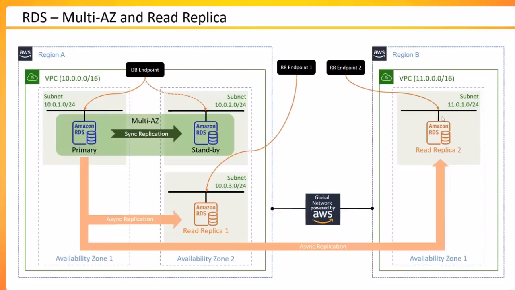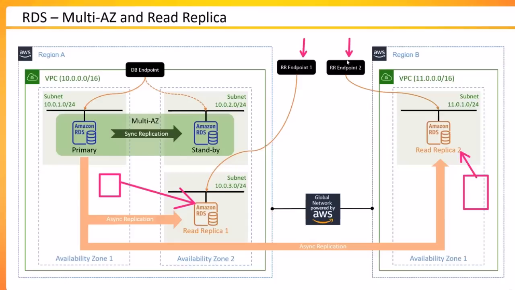Maybe in region B, all the instances running in region B would be talking to read replica 2, and any instances running in region A that need access to read data would be talking to maybe my read replica 1 here. So these are different endpoints available as you see here.